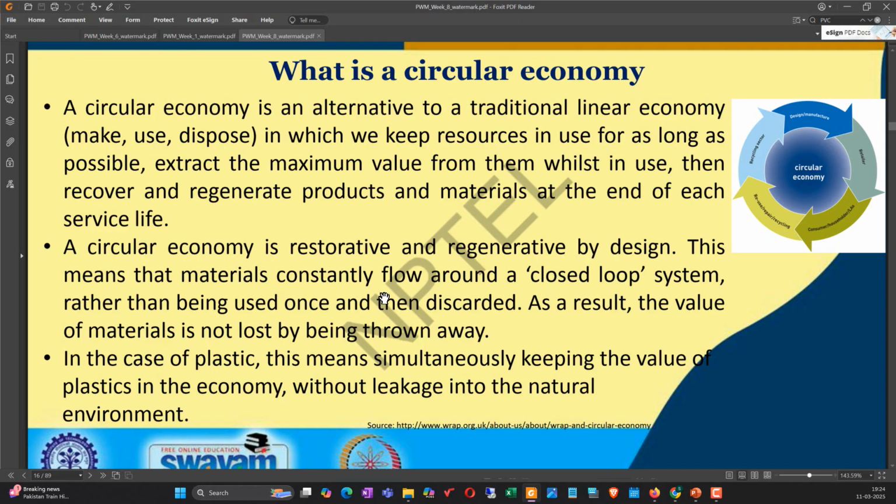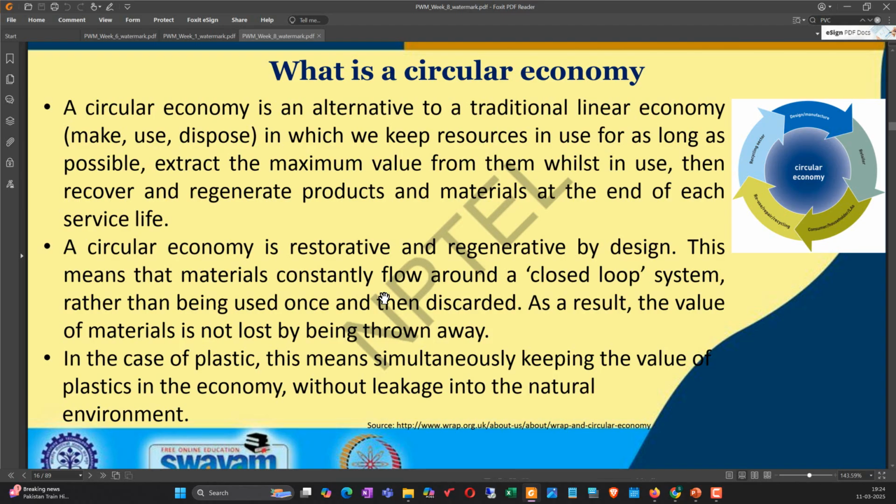In the circular economy, we keep resources in use for as long as possible, extract the maximum value from them while in use, then recover and regenerate products and materials at the end of each service life.